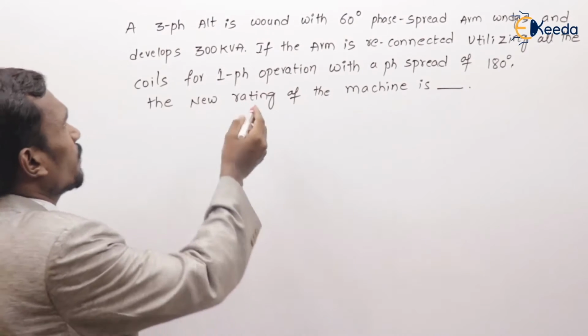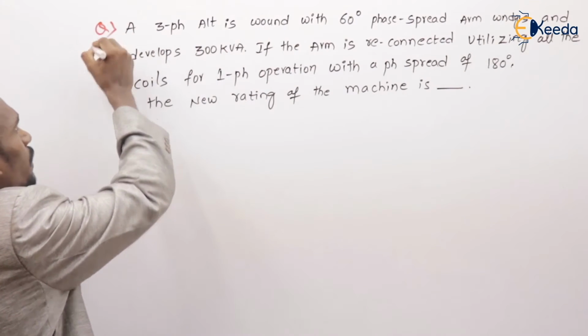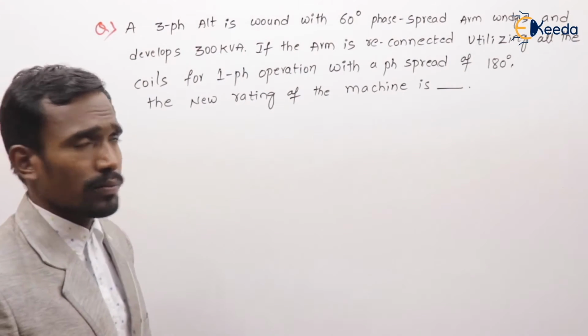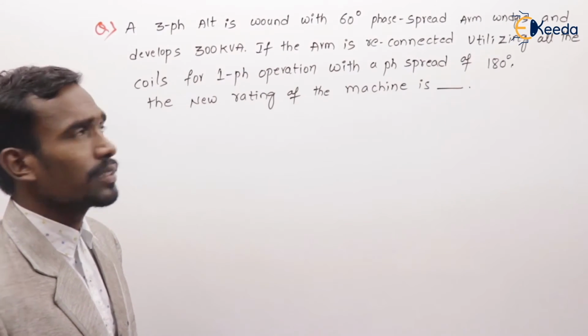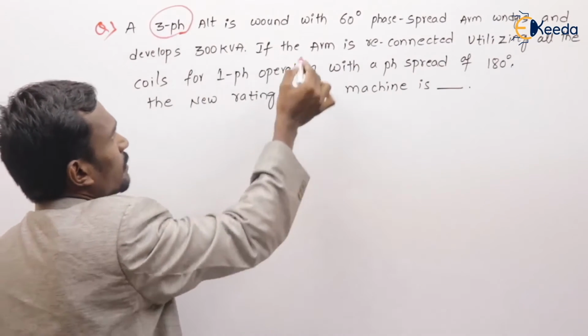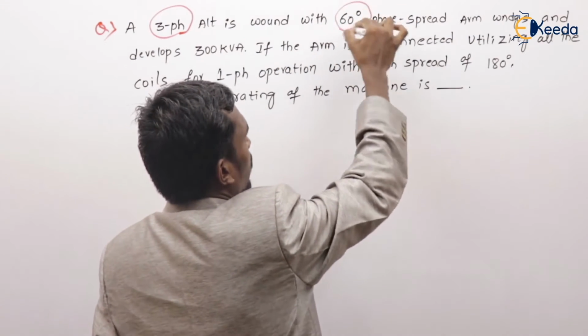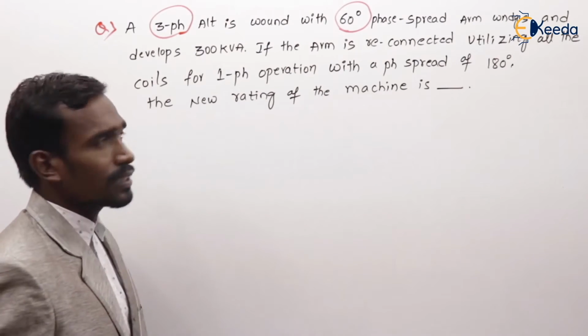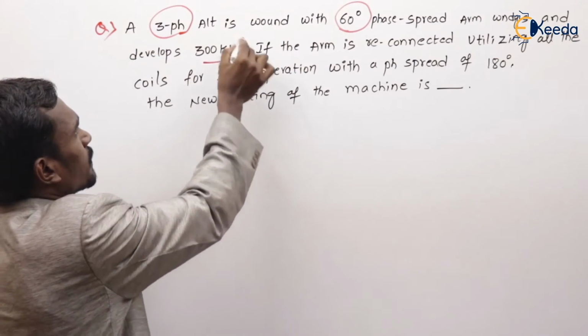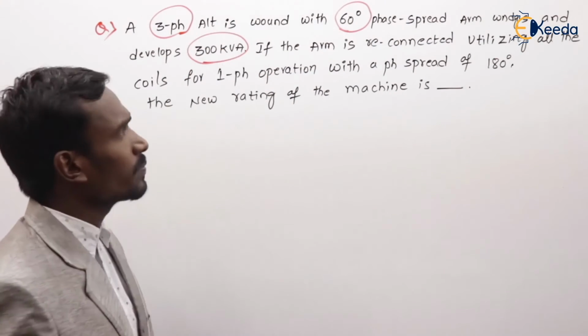This is a very, very important question. Regularly repeating question. A three-phase alternator is wound with 60-degree phase spread armature windings and develops 300 kVA.